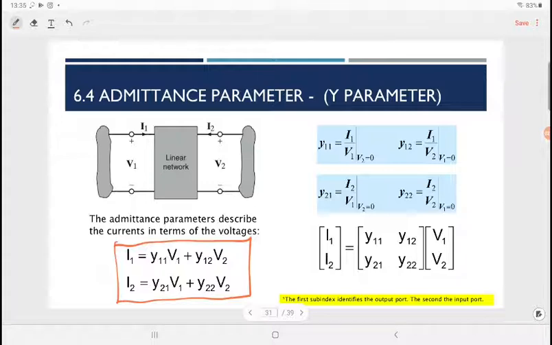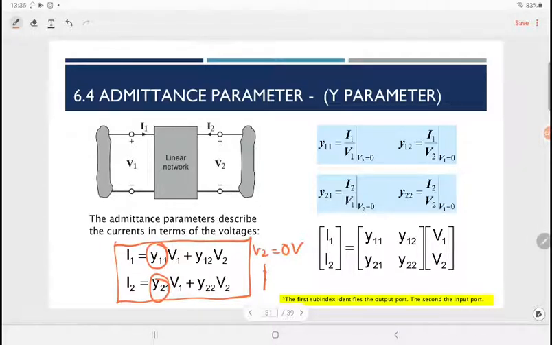By elaborating this equation, you can find all those values for the Y parameter. In order to find the value of Y11 and also Y21, you need to make sure your V2 equal to 0 volt. To ensure V2 equal to 0 volt, we short circuit V2, which is the output part of the linear network circuit.